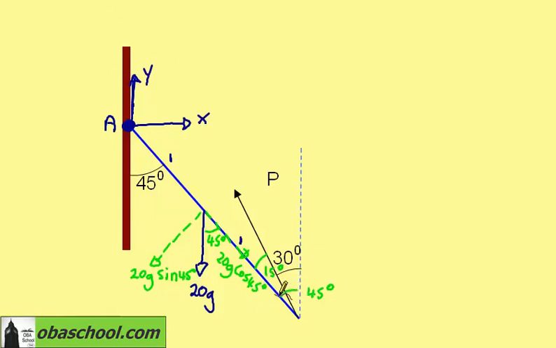If we look at P, it will have a component in this direction, which will be P cos 15, and in this direction, P sine 15.